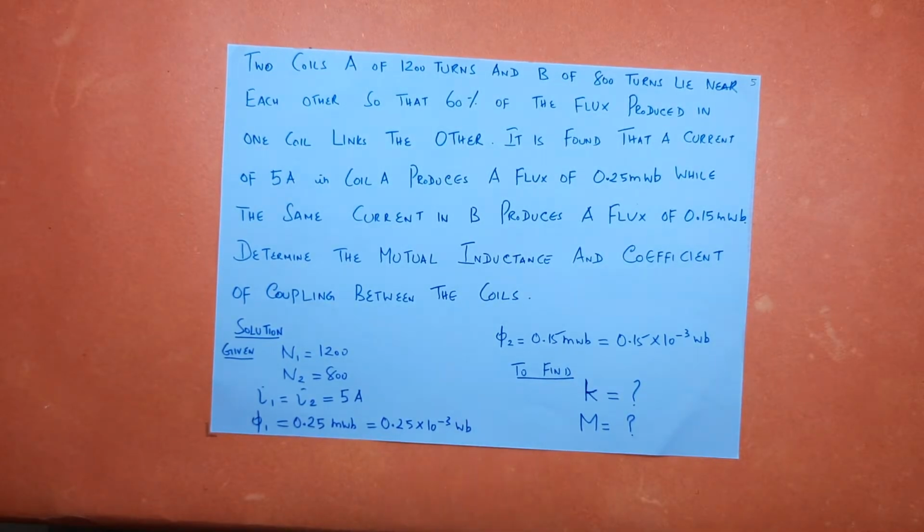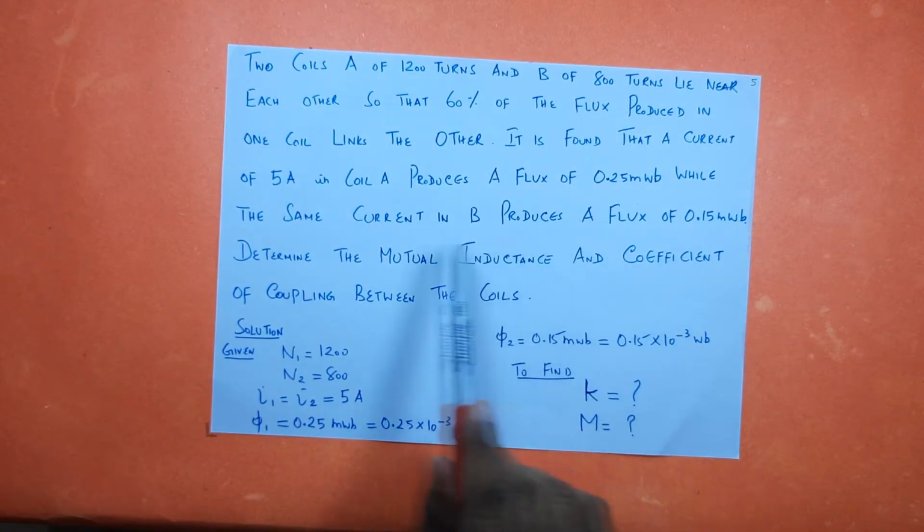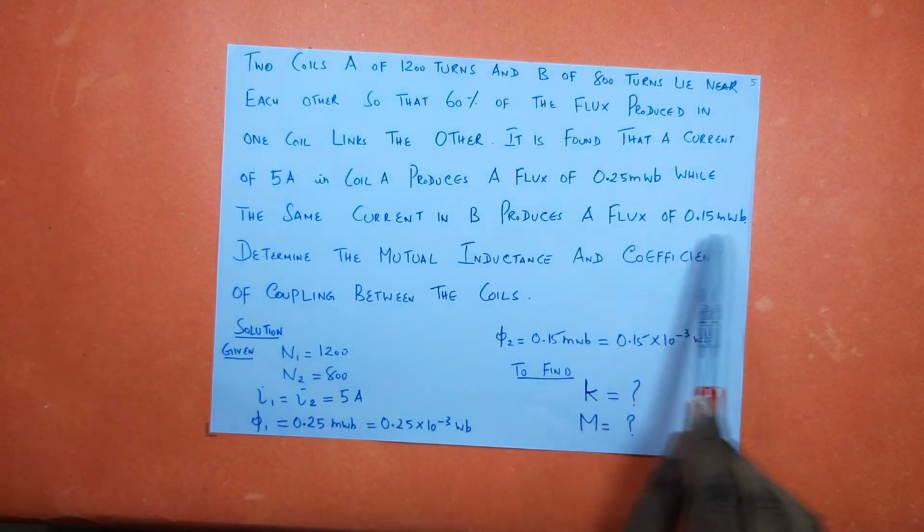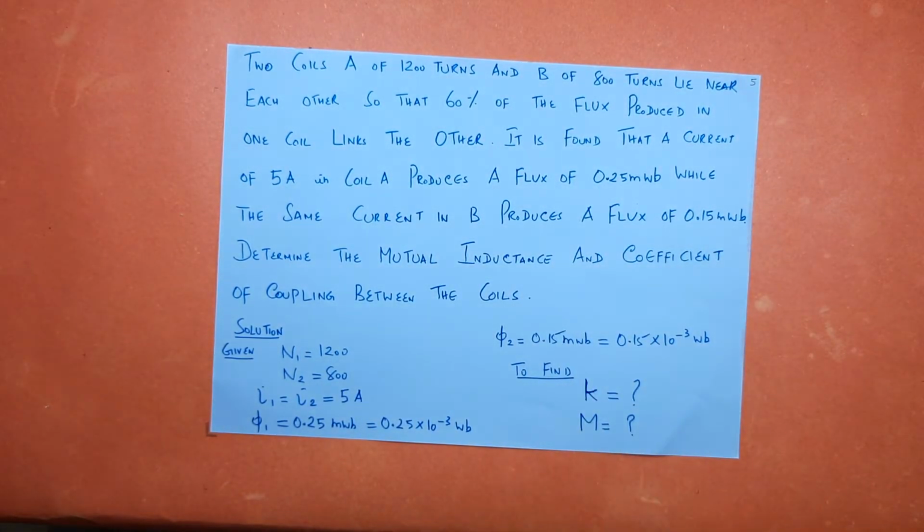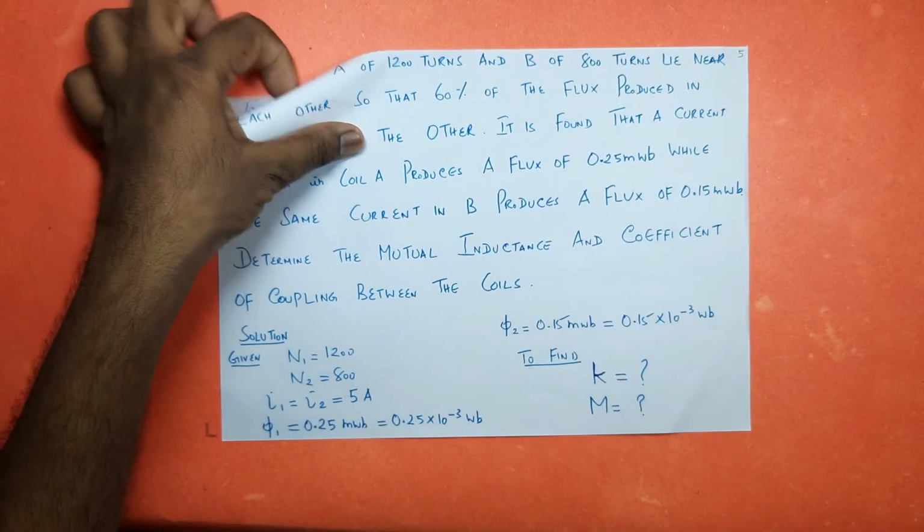Phi 2 is 0.15 milliweber, that also they have given. Same current in B produces a flux of 0.15 milliweber, 0.15 into 10 power minus 3. So you have to find out what is mutual inductance M, and K is the coefficient of coupling. Okay, these things we have to find out.